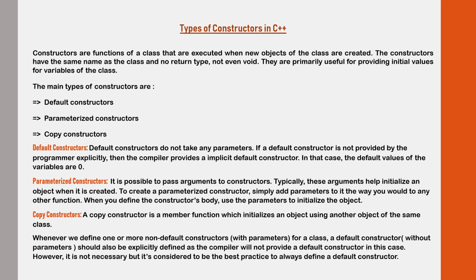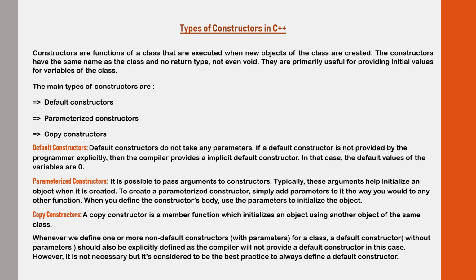The copy constructor is the constructor which we use to initialize an object using another object of the same class. Today we will get the basic idea of default and parameterized constructors using a program. So let's see through a program how we will use and write programs on default and parameterized constructors.